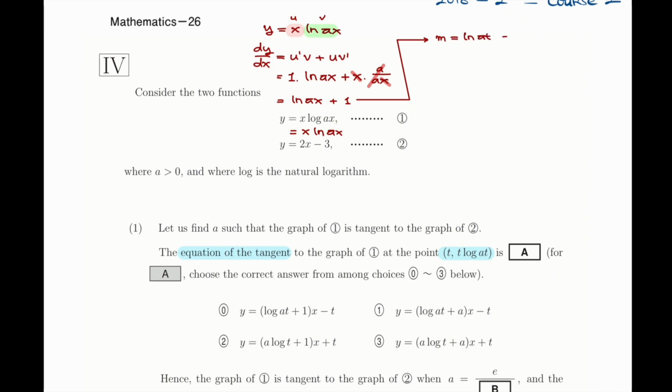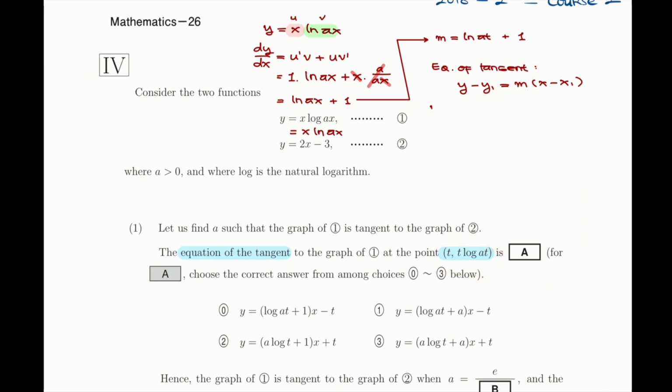By substituting x as t, I got the gradient: ln at plus 1. Once we know the gradient and the coordinates where we want to find the tangent, we can directly find the equation of tangent. The equation of tangent is y minus y1 equals m times x minus x1, where x1 and y1 are the coordinates and m is the gradient.